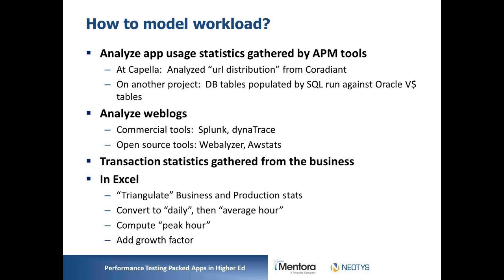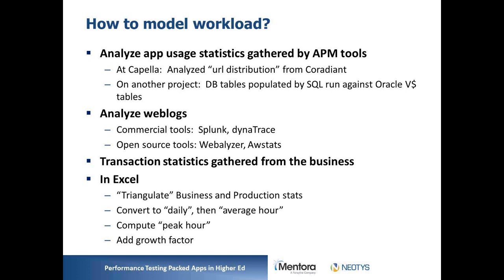And that URL distribution we were able to map to the statistics that we got from the business users and the BAs on this project, so that we could really triangulate and get the right target statistics, so that we could feel confident that our workload model was going to be accurate.